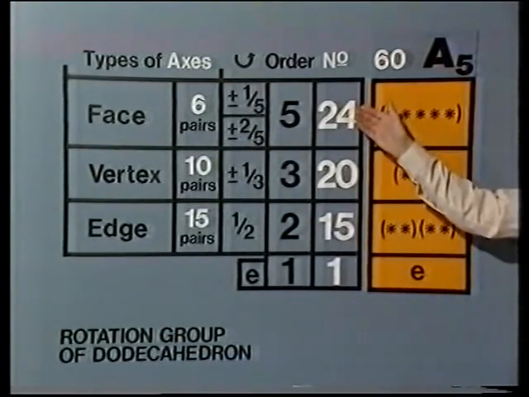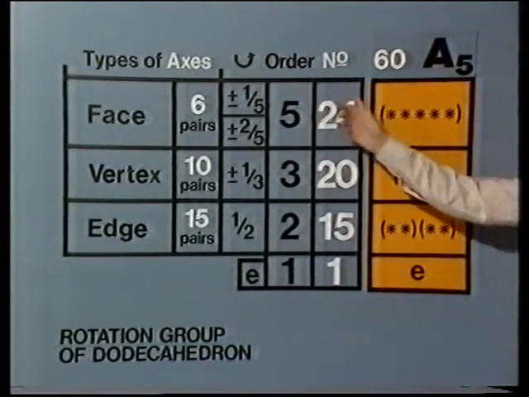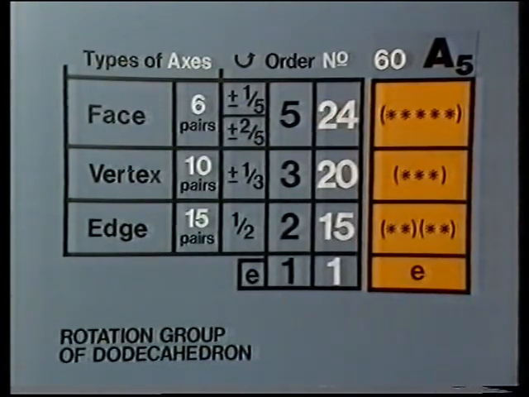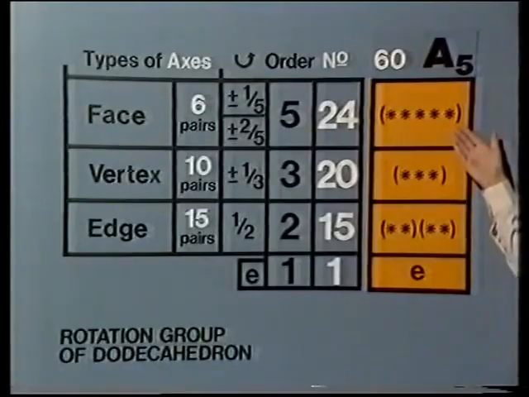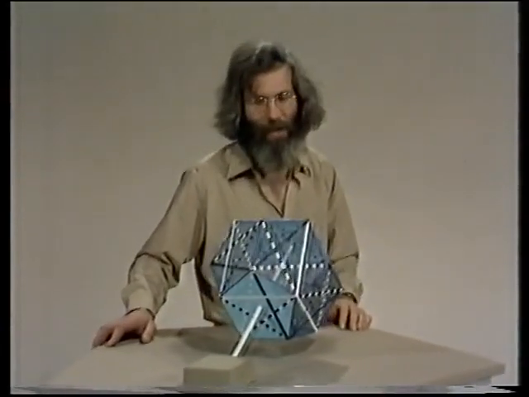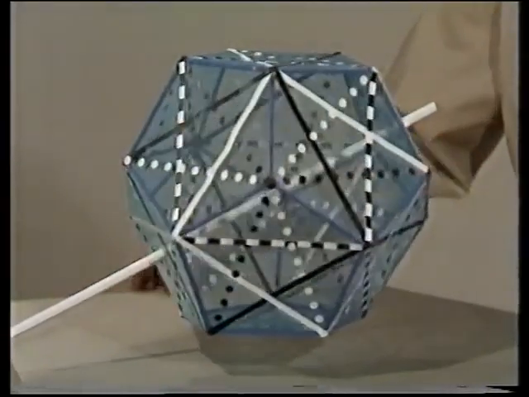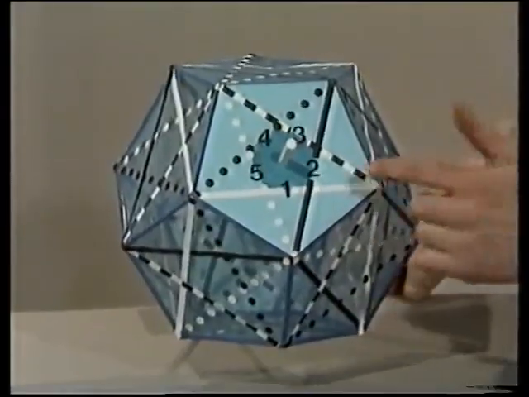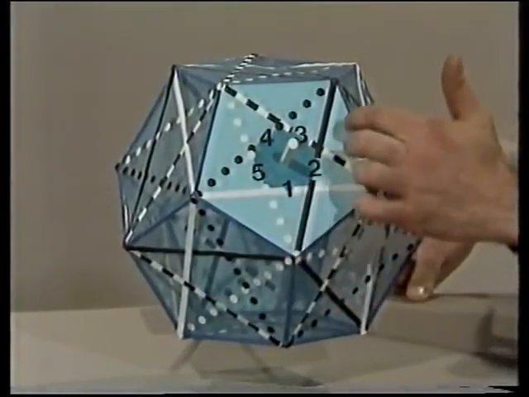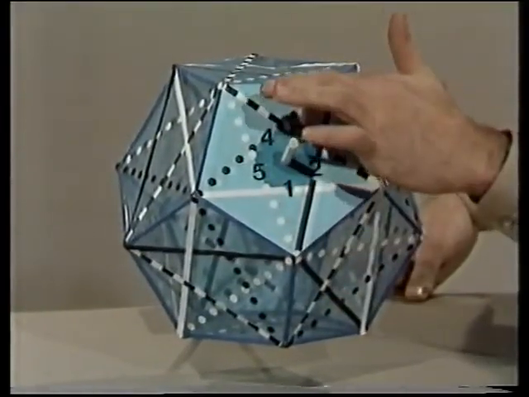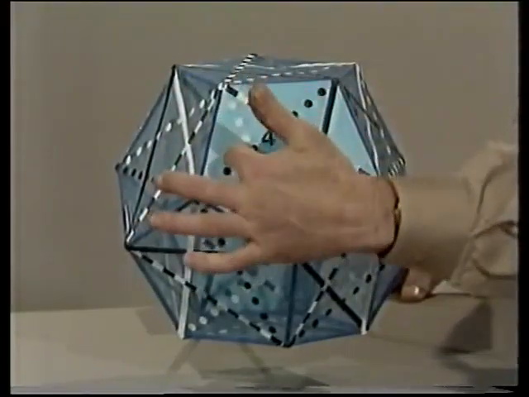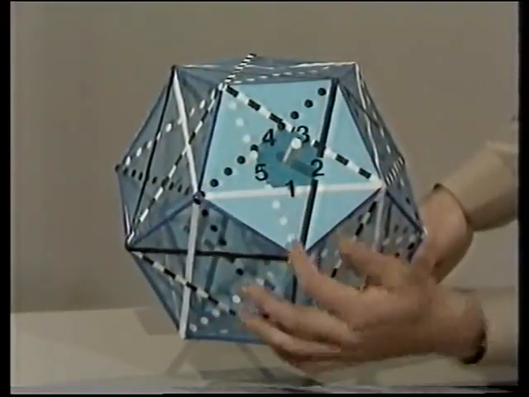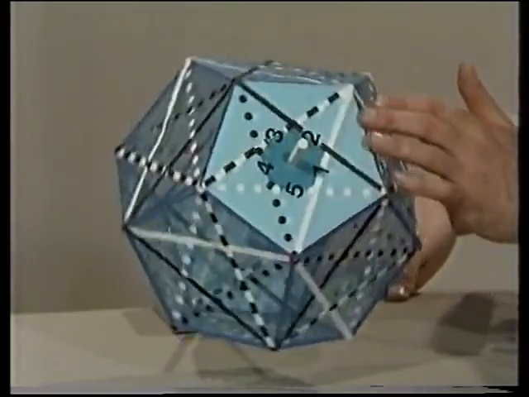Finally, face axis rotations, order 5, we expect them to permute all 5 cubes in a 5 cycle. Well, here's an axis through opposite faces. And for a 5th turn, cube 1 is going to go to where 2 is, 2 to 3, 3 to 4, 4 to 5, and finally 5 back to 1, a 5 cycle, like this.